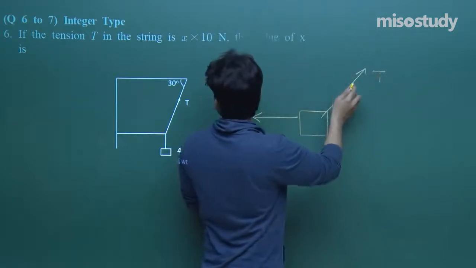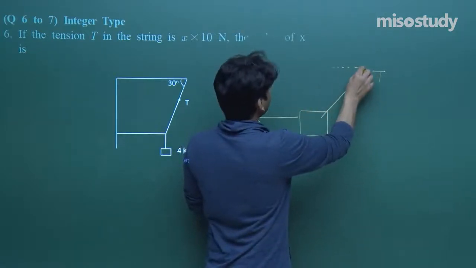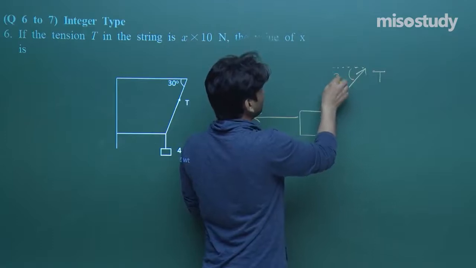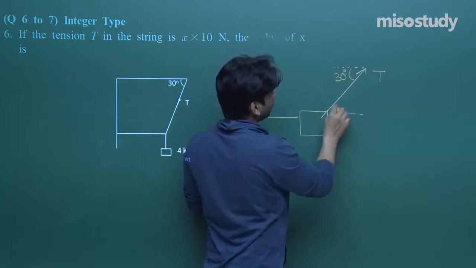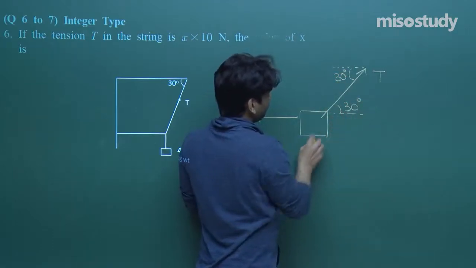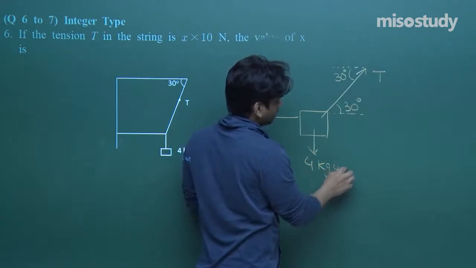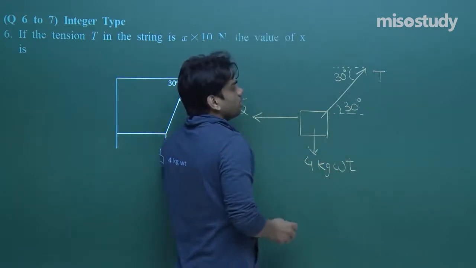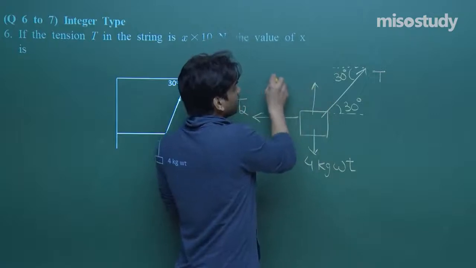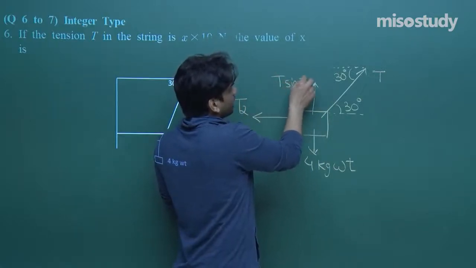It's given that this angle is 30 degree, so obviously this angle will also be 30 degree. The 4 kg weight acts along the downward direction, and T sin 30 degree will be acting along the upward direction.